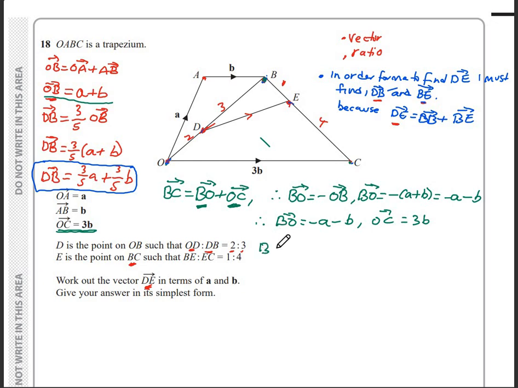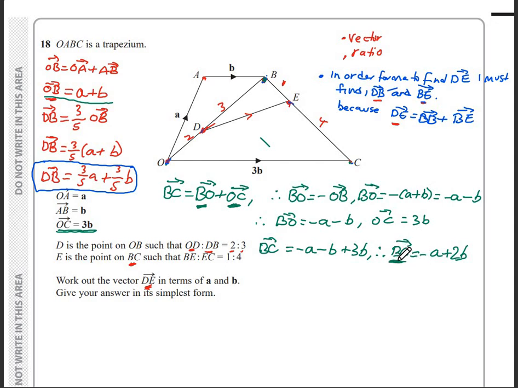So BC equals BO, which is minus A minus B, plus OC, which is 3B. BC equals minus A minus B plus 3B, which is minus A plus 2B. Alright, so I have found what BC is.